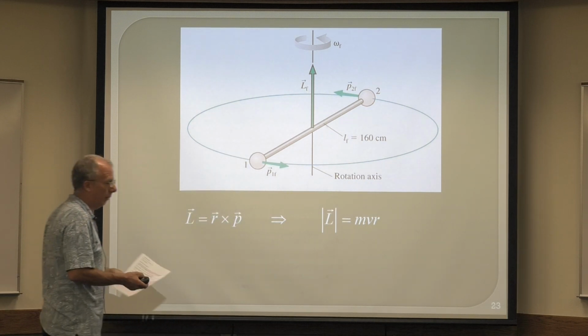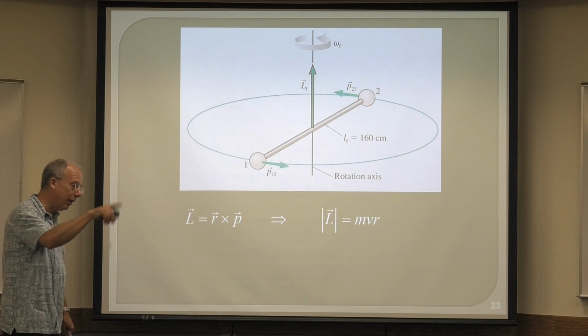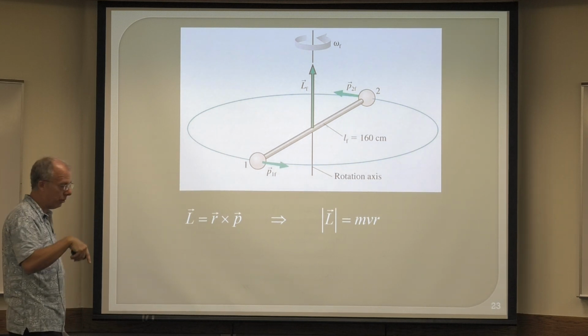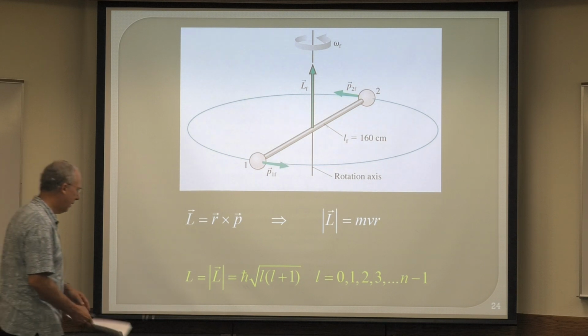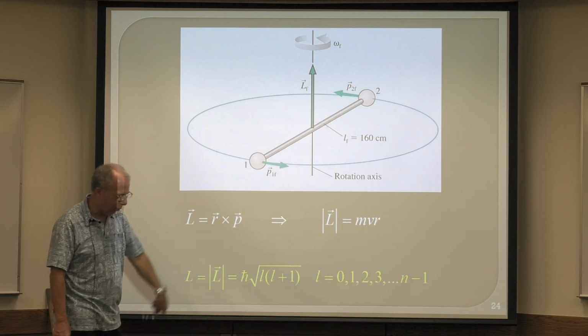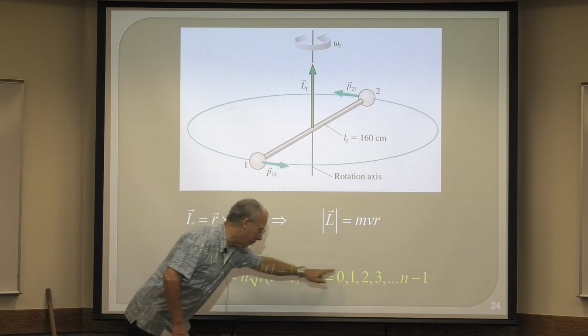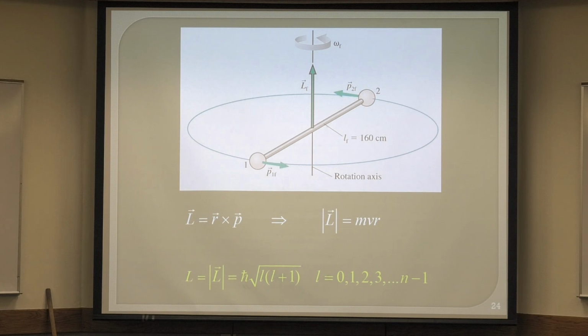But yet, in quantum mechanics, you can have an electron with L equals 0. It shows you how strange quantum mechanics is. So you can have an electron orbiting a proton in quantum mechanics with L equals 0. That is a possible state, and it's perfectly fine.